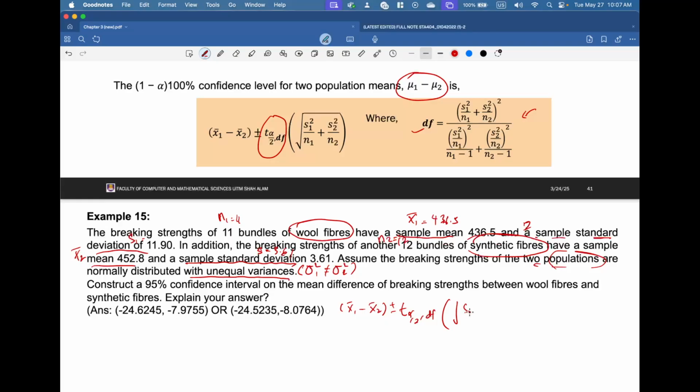Okay, and then S1 square over N1 plus S2 square over N2. Right.